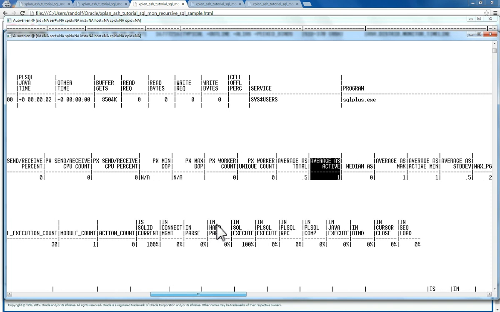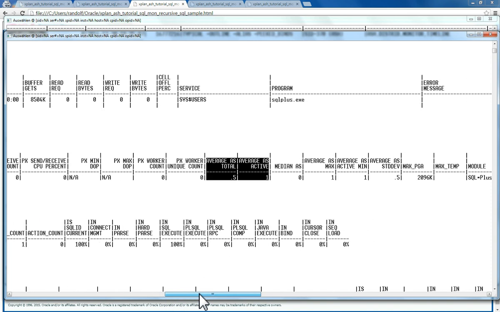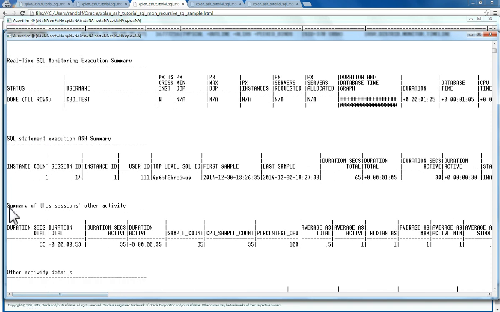Yeah, so again here you can spot the significant difference between these two values. Now if we check this next section, the summary of the session's other activity, we can see that from the first sample to the last sample of other activity we have a duration of 53 seconds, and within this 53 seconds we had 35 samples of actual activity.